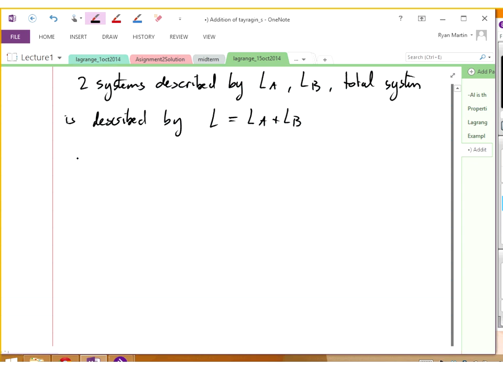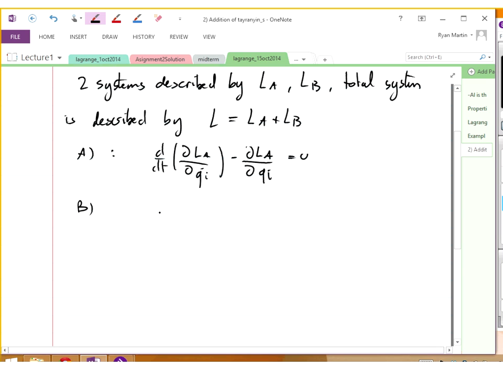So if that's the case, I mean, this should be trivial, but the first system is described by d by dt of ∂LA/∂q_i dot minus ∂LA/∂q_i equals 0. The second system is described by the same equation, but with b's in it, ∂LB/∂q_i dot minus ∂LB/∂q_i equals 0.